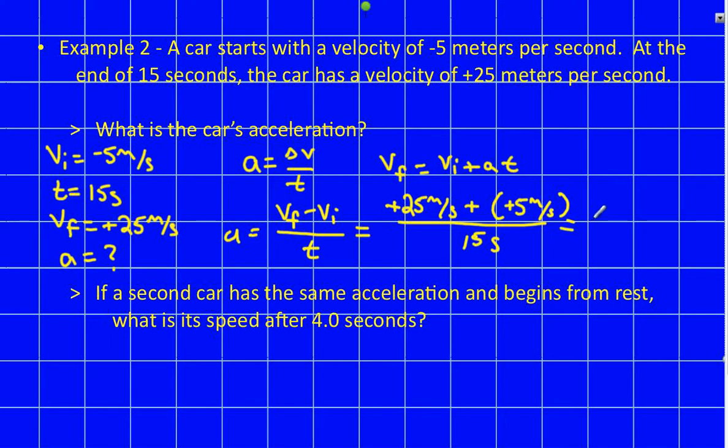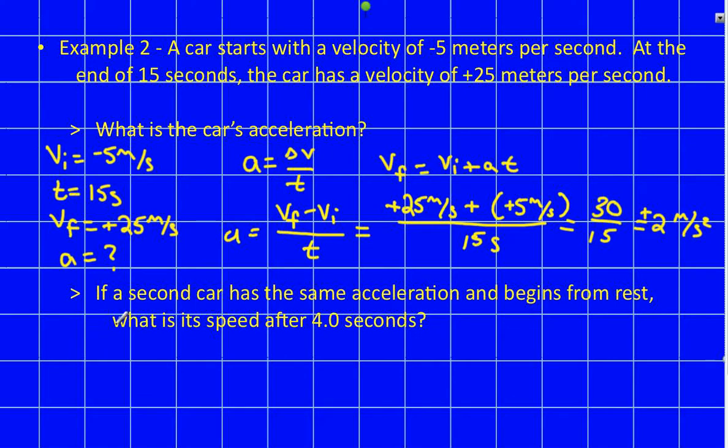So this is 30 divided by 15, or 2 meters per second squared. And we'll put a little positive there just to show that we understand it's a positive acceleration. Therefore, its acceleration is in the positive direction.